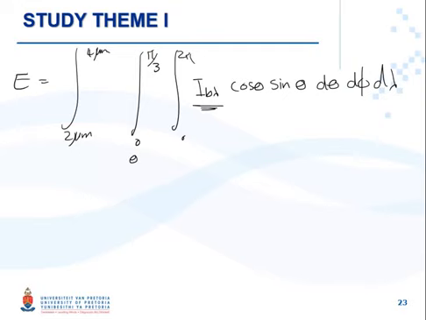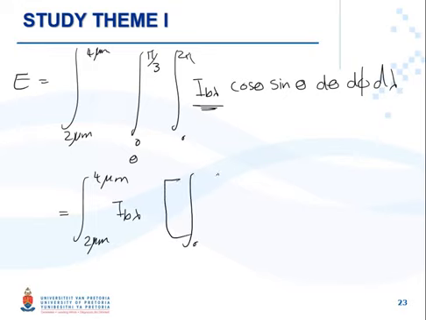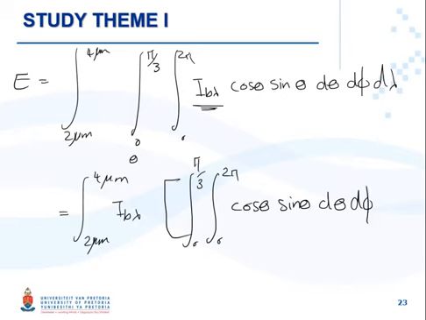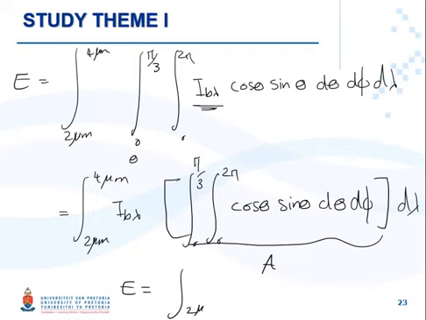It can come out of the integrals for direction, so it will be the integral from 2 to 4 of I b lambda, and we have a double integral for direction, cosine theta, sine theta, d theta, d phi. Let's say this is A, so basically E will be the integral from 2 to 4 micrometer of I b lambda A d lambda.